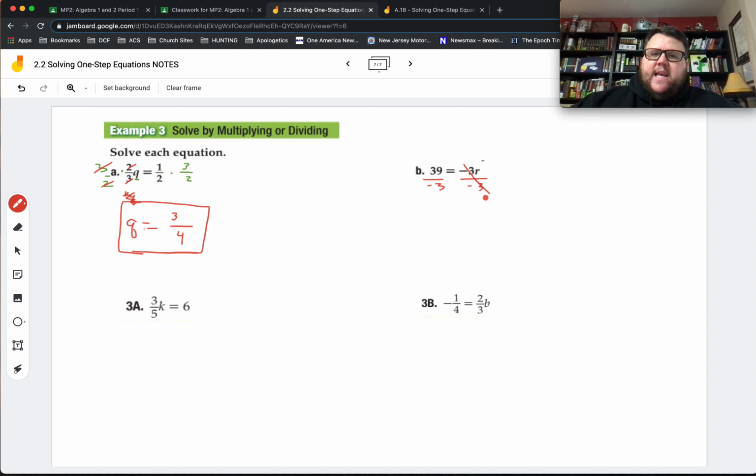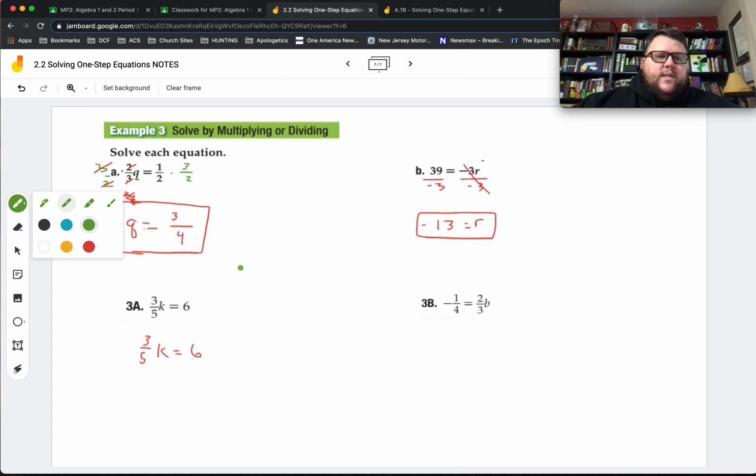And the negative 3's cancel out, so I get r equals 39 divided by negative 3, which is negative 13. So r equals negative 13. Here we go. We have another fraction times our variable. So I'm going to rewrite it just so that we can see it a little bit more clearly. 3/5 k equals 6.